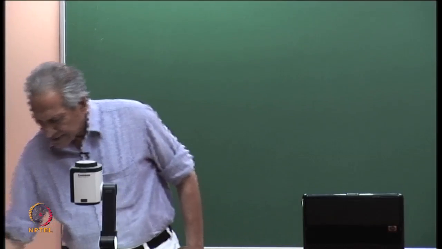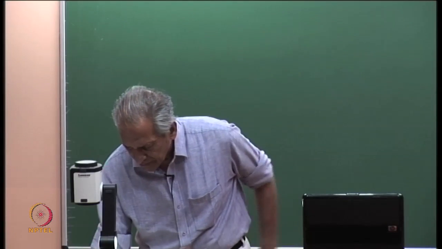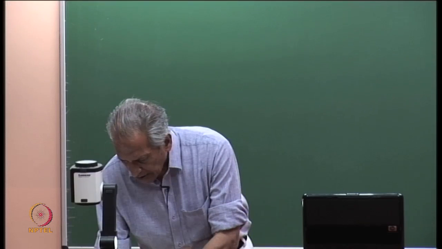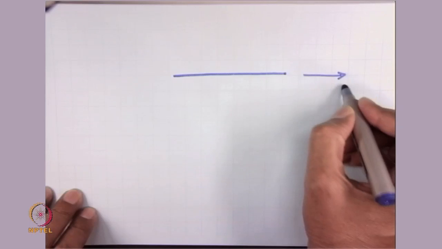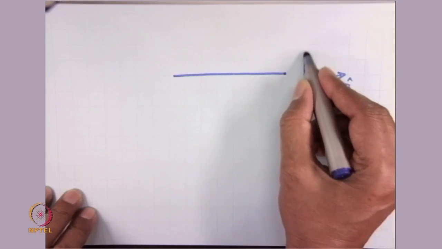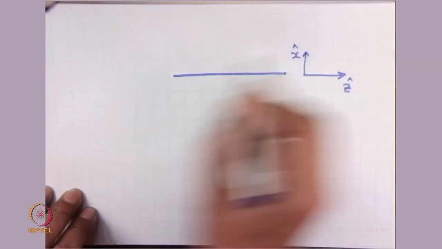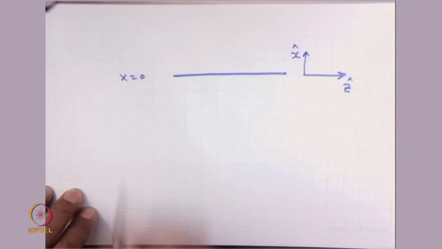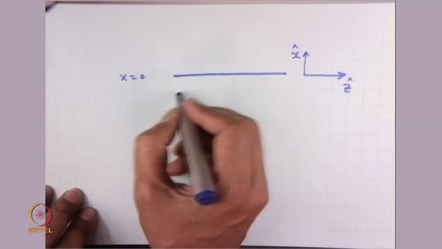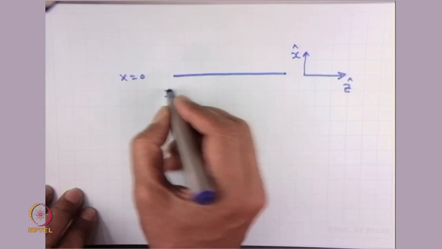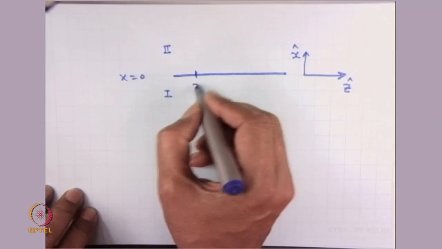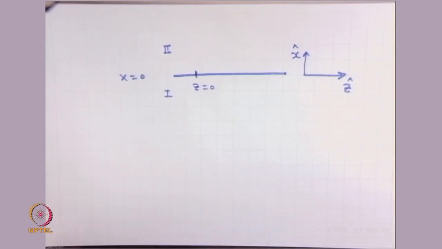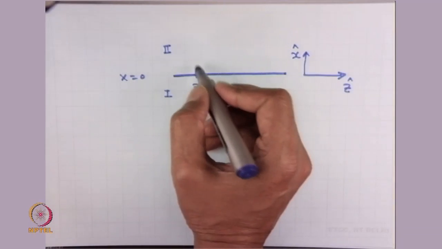Now let me consider the propagation of the wave. This is my interface with z-axis here, x-axis there, x equal to 0 is the dividing plane. I will call this medium 1, medium number 2. I will consider this z equal to 0 plane.